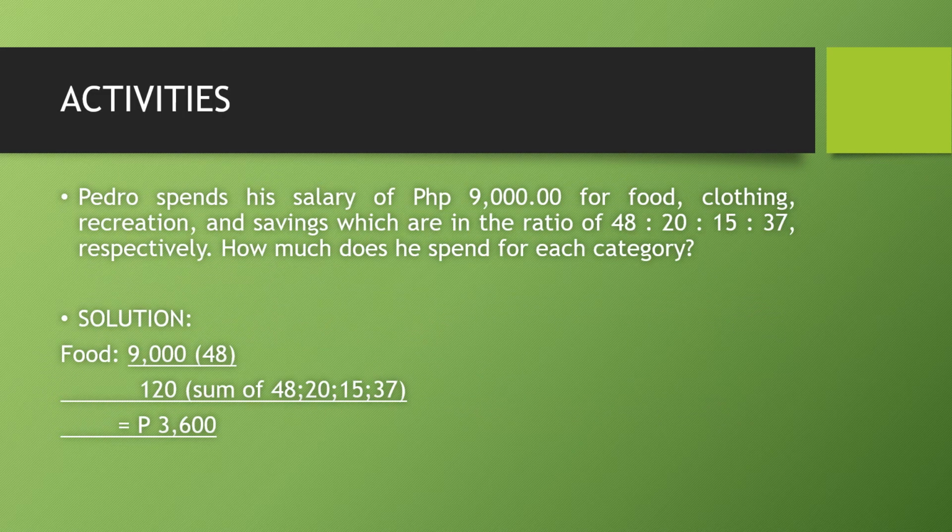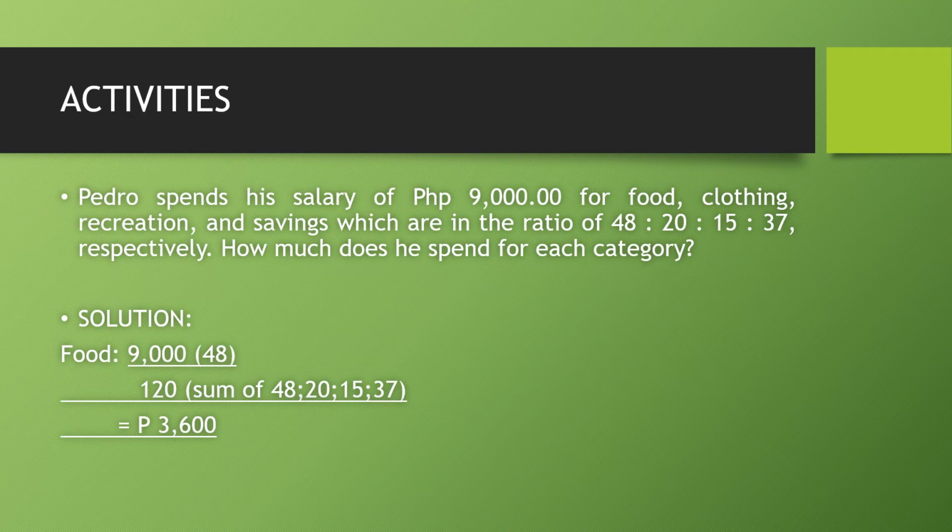Okay, now, for your activities, I'll be the one to give you a solution. For activity number 1, about Pedro spent his salary of 9,000 for food, clothing, recreations, and savings, which are in the ratio of 48, 20, 15 is to 37, respectively.